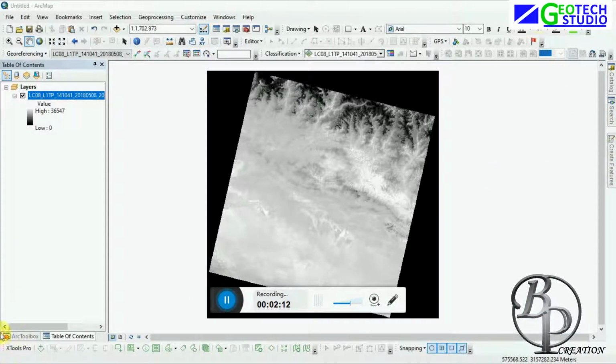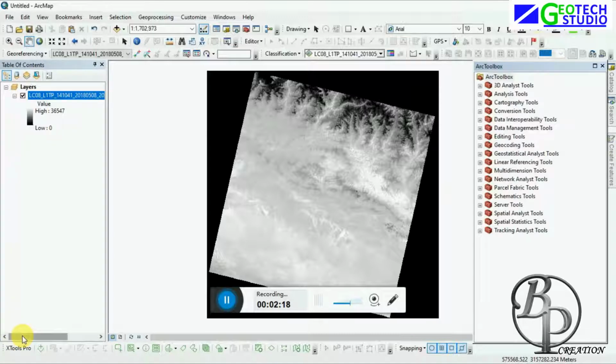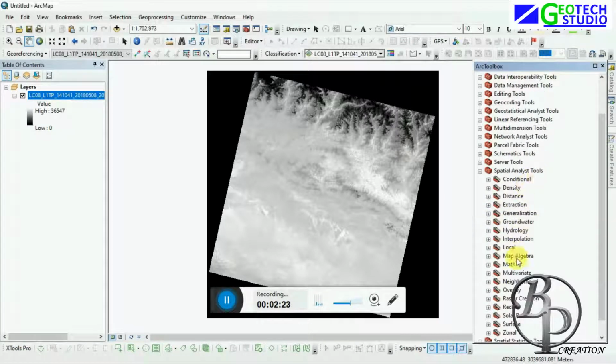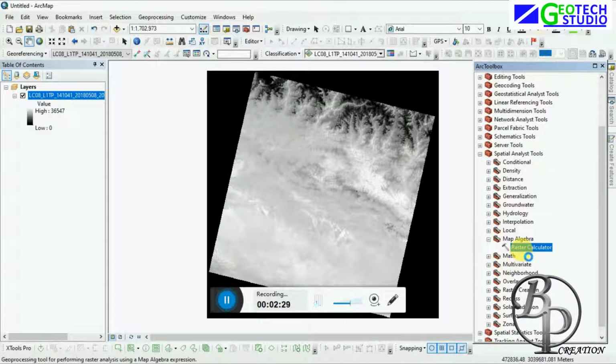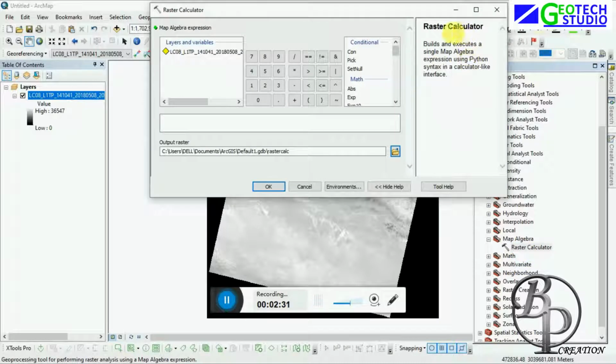Now we are opening Arc Toolbox, going to Spatial Analyst tools, then Map Algebra, and running the Raster Calculator tool and using the formula.